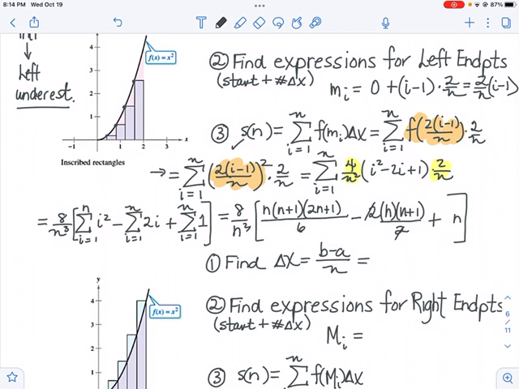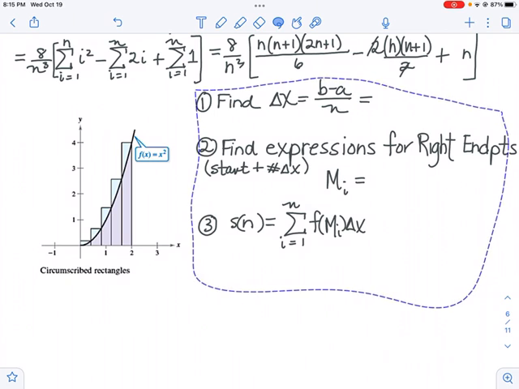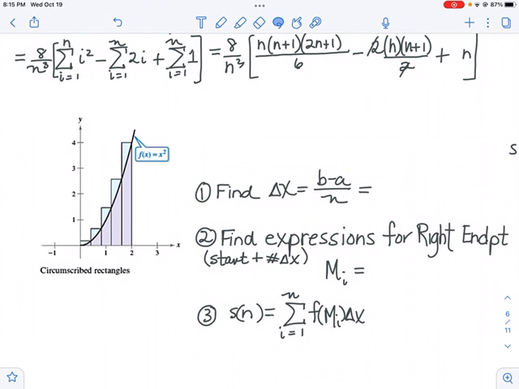Okay, now what you're going to do is simplify this, right? So this lower sum, I'm going to scooch this down a little bit here because I do have a little extra room for the right endpoints. So I'm going to do a dot, dot, dot. You're going to end up with this.